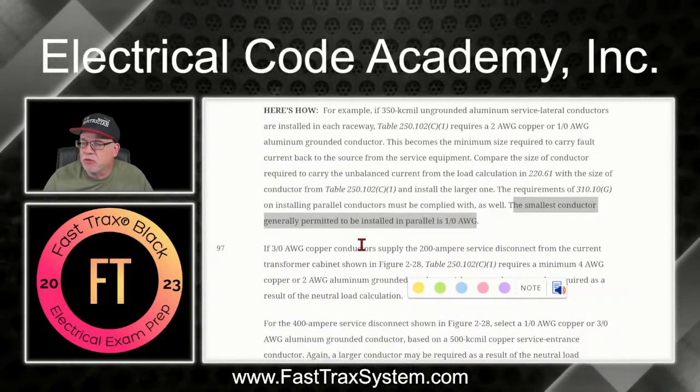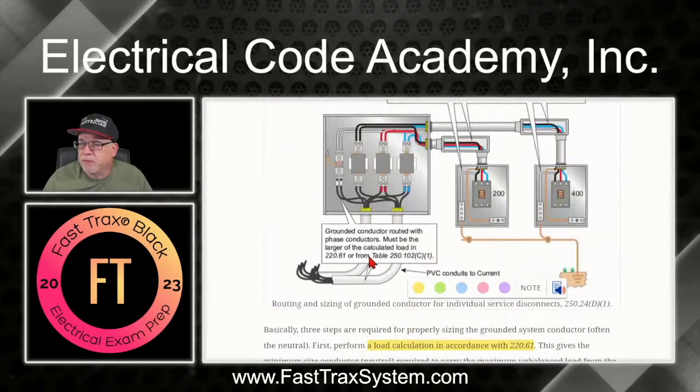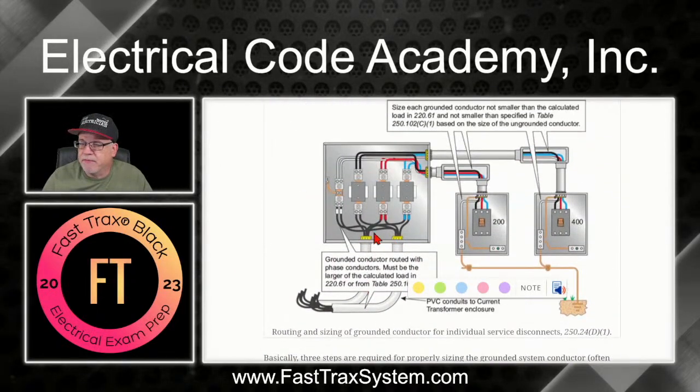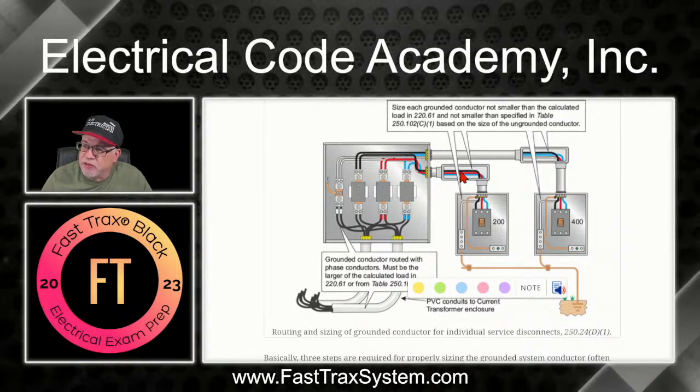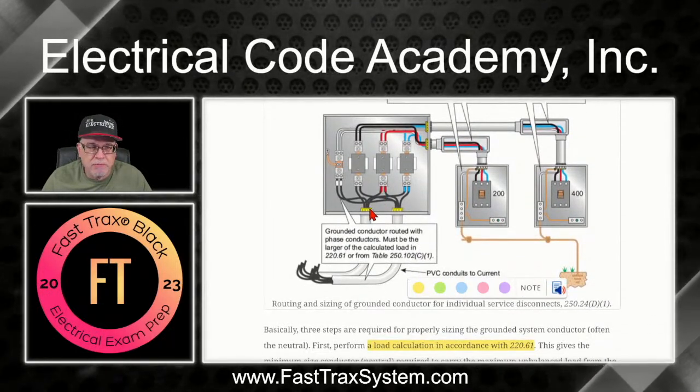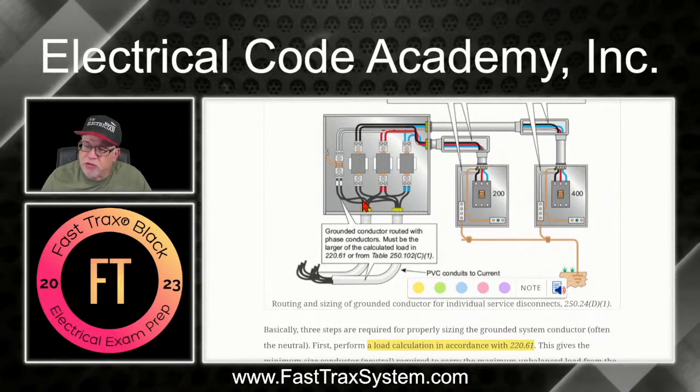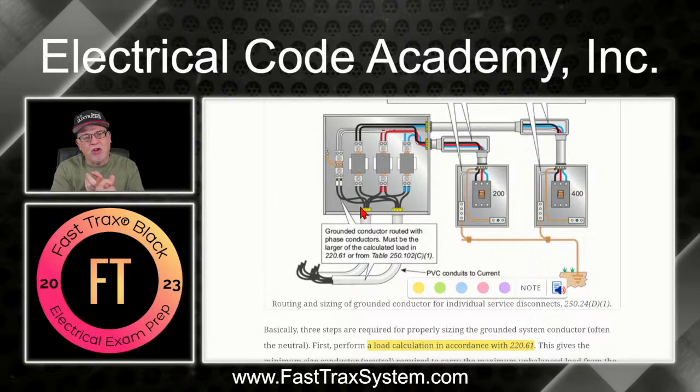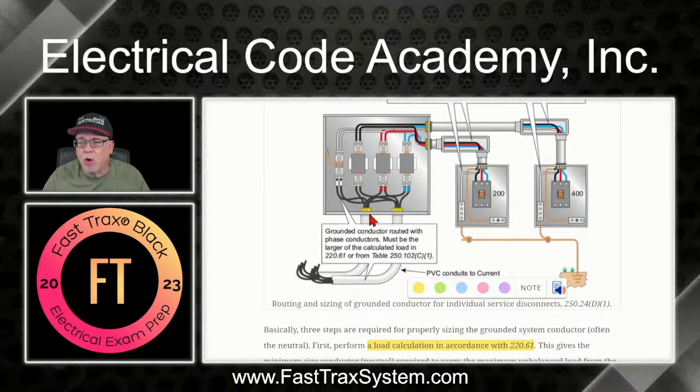So go back to this illustration right here. These are coming and being installed in parallel. These on this side are not. This is separate, where this side is being installed in parallel. So we had the minimum size that's required for these raceways, but we also have to remember that if it's being installed in parallel, it cannot be smaller than 1/0.